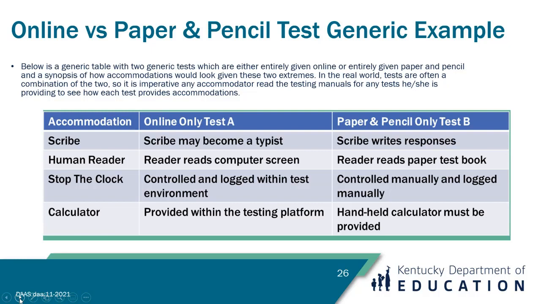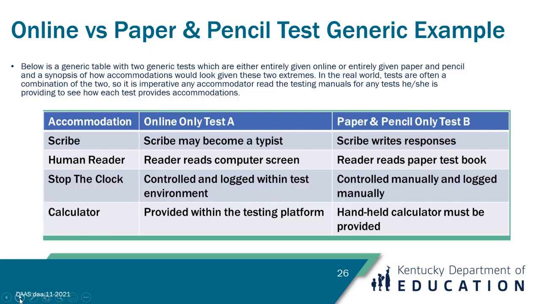On the paper and pencil test, they would read the paper test book. Stop the clock on an online test is likely controlled within the testing platform, whereas on paper and pencil test, it would have to be manually logged. Calculators on an online-only test are likely provided within the testing platform, but on a paper and pencil test, a handheld would be provided. Once again, the accommodations themselves are the exact same.